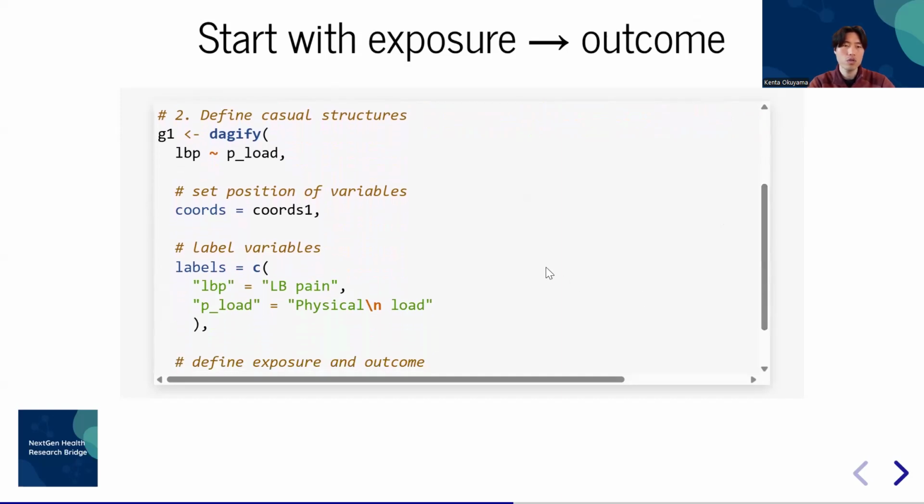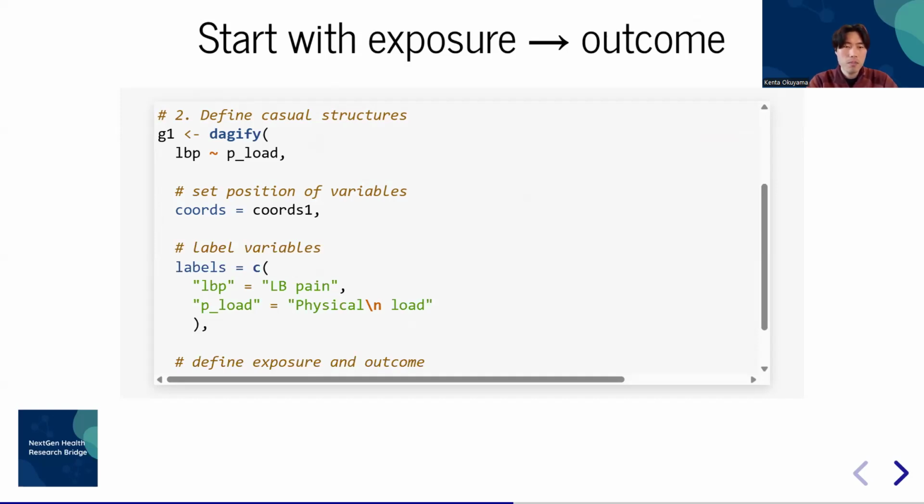The second step is to define causal structure. To do that, we will use the DAGify function. We will store this DAGify object as G1, and we will write LBP tilde P load, which is the same way to write code of regression, such as linear regression or GLM.